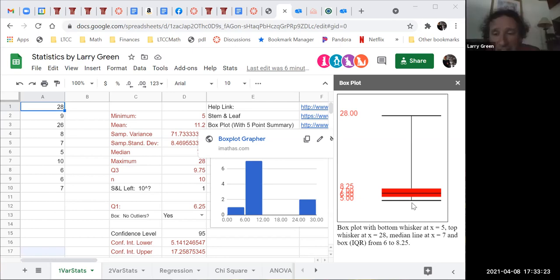We could say the range is between 5 and 28 because we know the minimum and the maximum. The median was 6. Oh, sorry, median is 7. The box plot is a nice pictorial way of representing those 5 numbers. Box plots are horrible for general audiences that have never taken a statistics class because they don't even know what it is. Does that make sense?